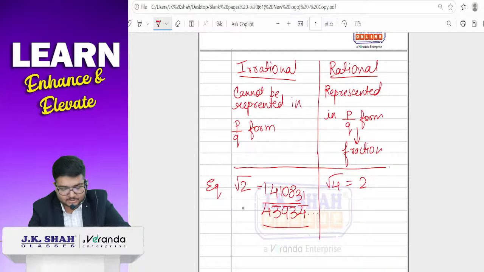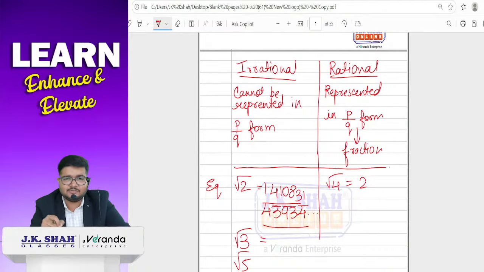So every number, if in fact you calculate the answer of root 3, you calculate the answer of root 5, all these numbers are irrational numbers, because if you calculate in your calculator, you will get an infinite number of random digits coming after the decimal.